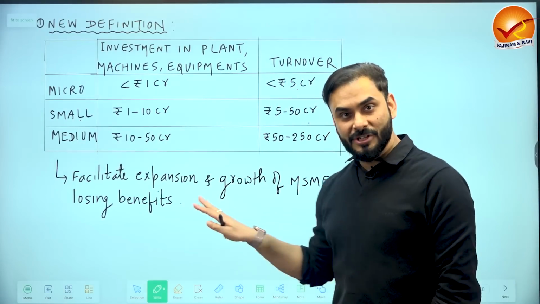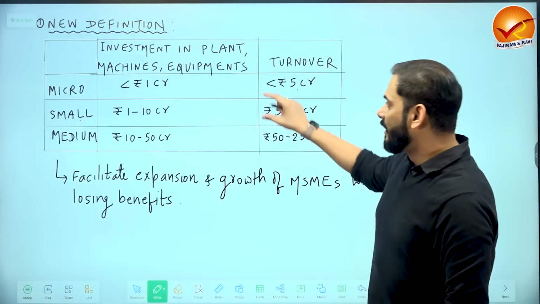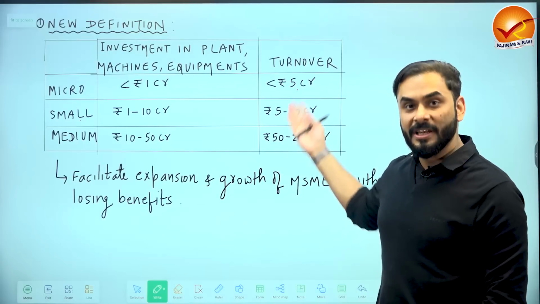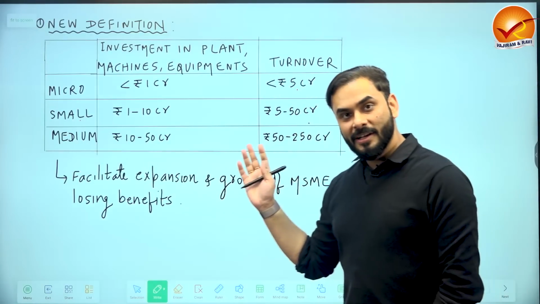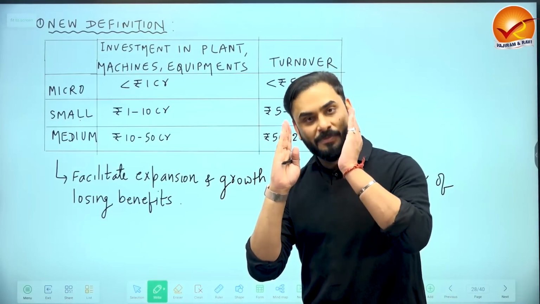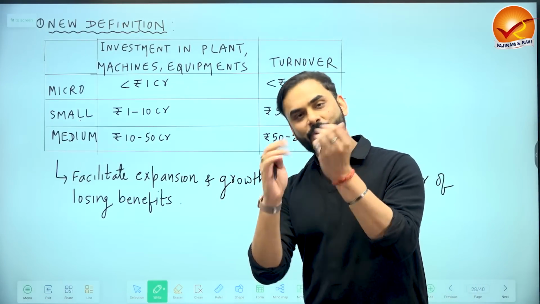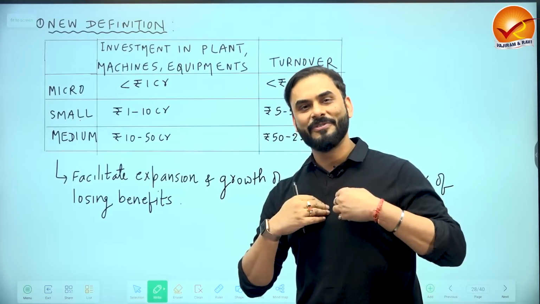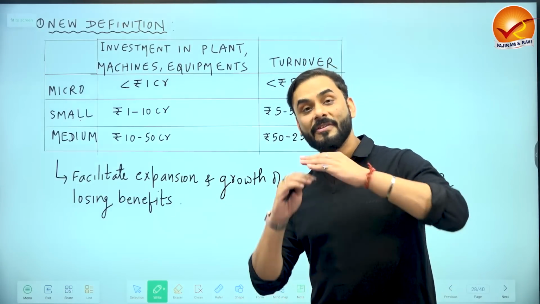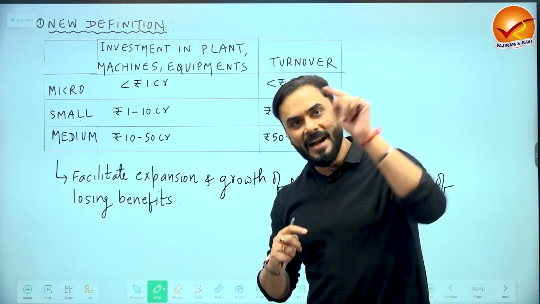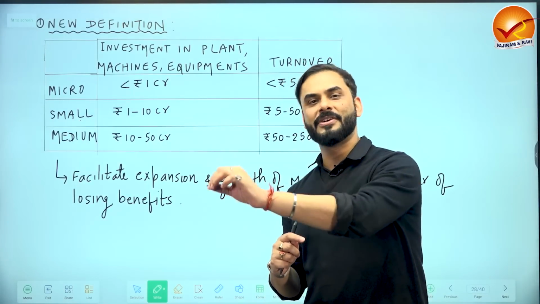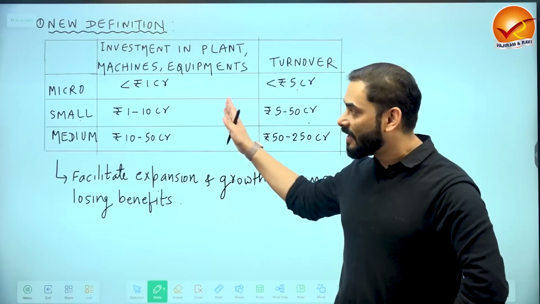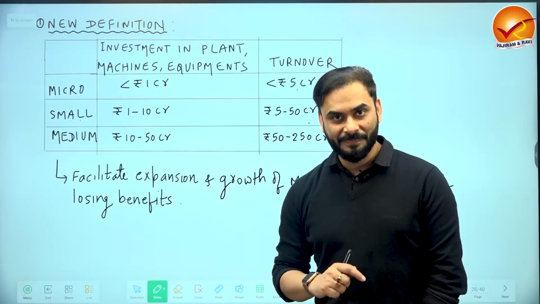This is the new definition which the Government of India has created, where the value of investment and turnover has been increased so that the MSMEs who used to remain small, thinking that if we remain small, we will get more benefits from government, can now become big and yet continue to get the same benefits which they were getting earlier. That is the relevance of this definition. Fine.